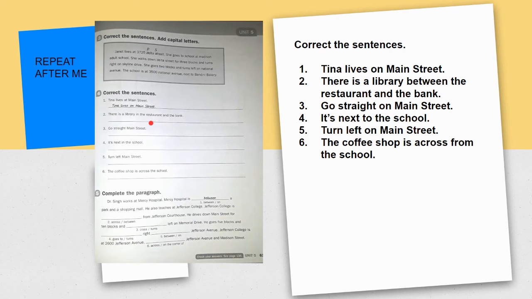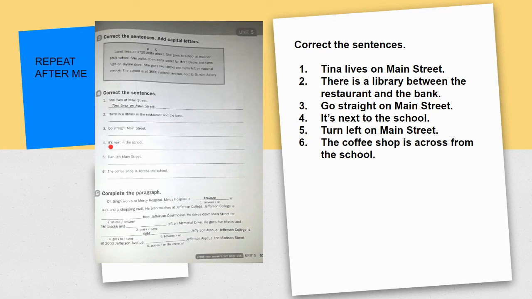These are just buildings, right? And so that's why we will say between. There's a library between the restaurant and the bank. Next we have go straight Main Street. We're missing a word right here. So it's go straight on Main Street. Go straight on Main Street.